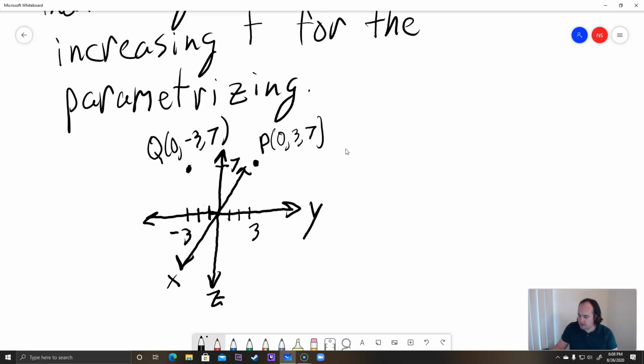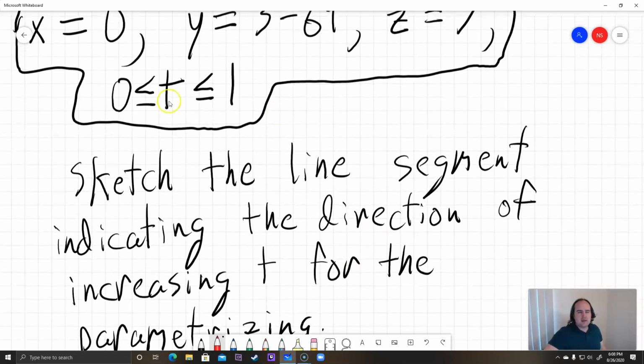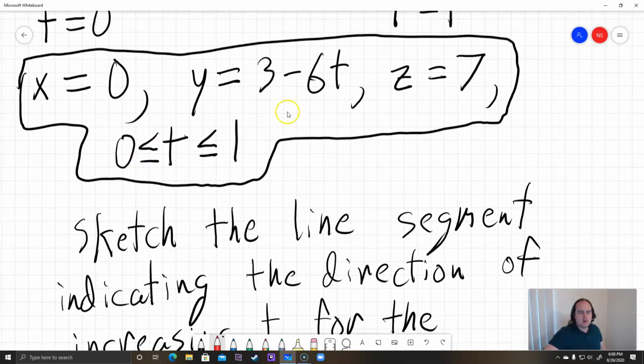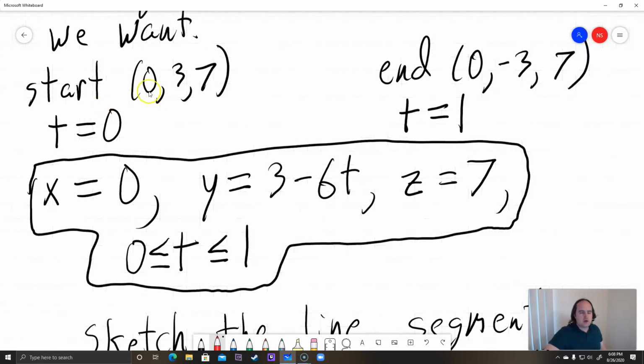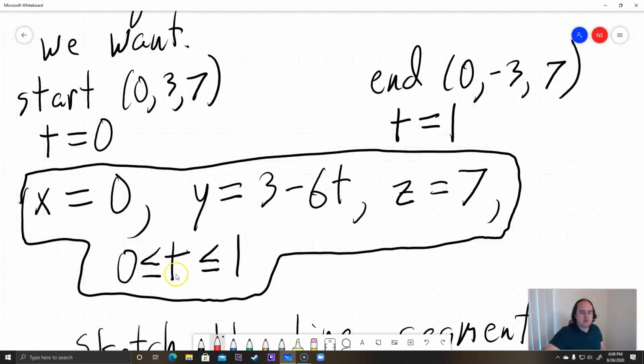And then they also want us to draw the whole parametrization. So remember, for our parametrization, at the beginning, when t equals 0, we're starting at the point 0, 3, 7. And then when t equals 1, we've moved our particle all the way to the endpoint, which is 0, negative 3, 7.